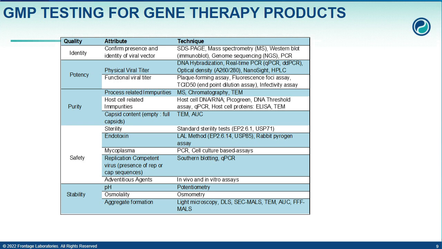And we can see the MS chromatography, whole cell DNA, whole cell protein, and the AEOC can be used to determine the purity of the vector, and then endotoxin, Mycoplasma, and replication competent virus testing can be utilized to determine the safety of the vector.